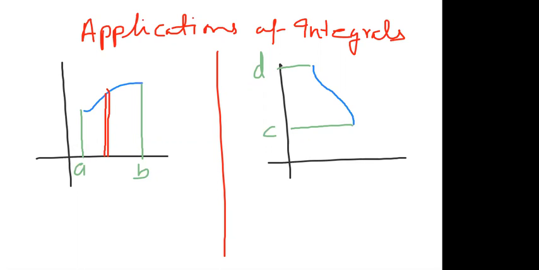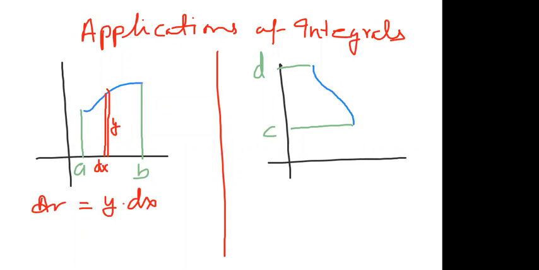This strip is of thickness dx, and its height is y. So the area of this strip will be length into width, because it is rectangular. So length into width means y into dx will be the area of this strip.